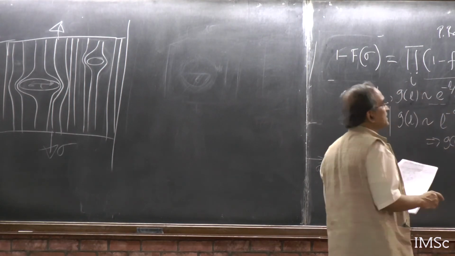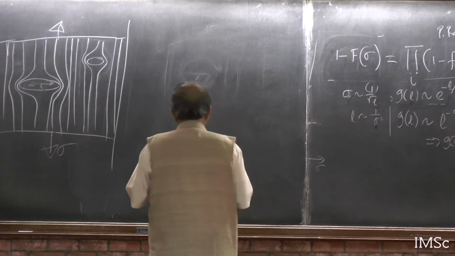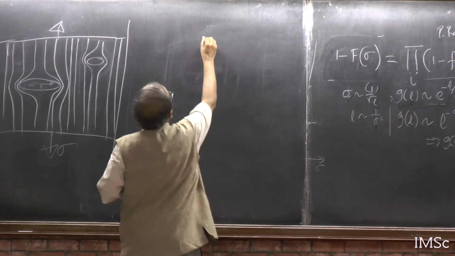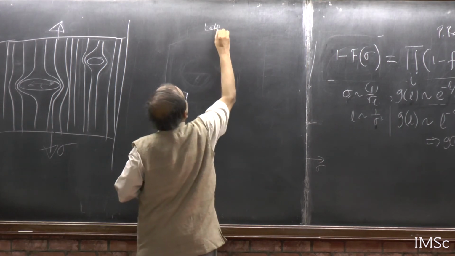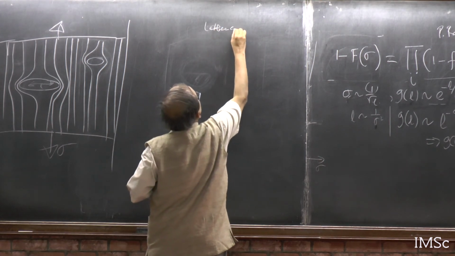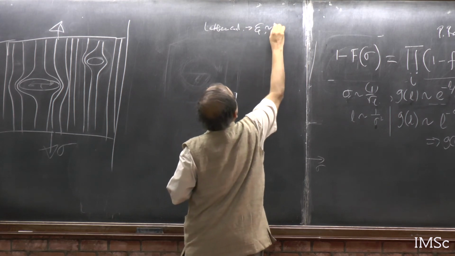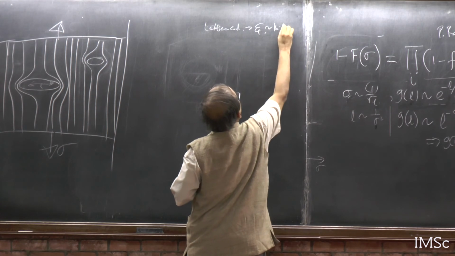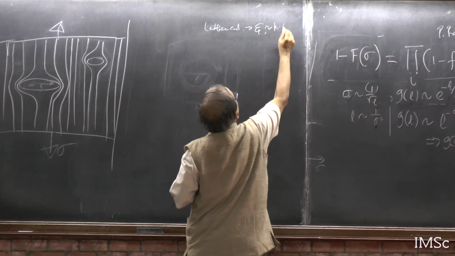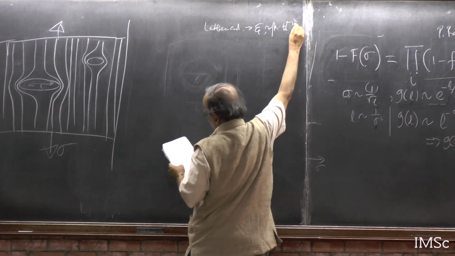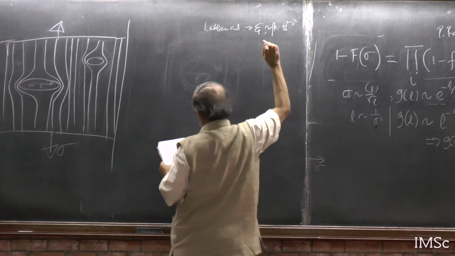The lattice constant is xi, which goes as p minus pc to the power minus nu. I wrote nu P, or something.